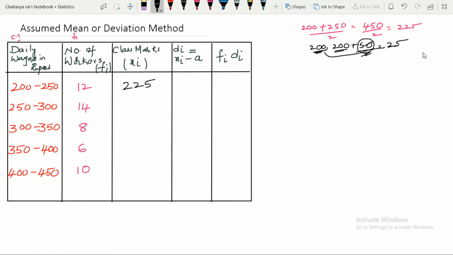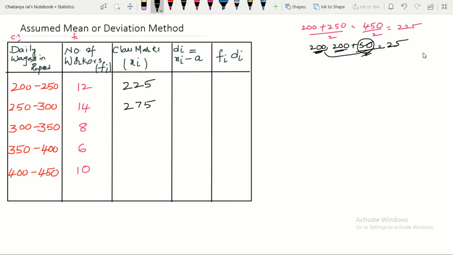Similarly, if we take the length of the class, 250 minus 200 is 50. I am just going to add this 50 to the previous class mark, and this becomes 275.